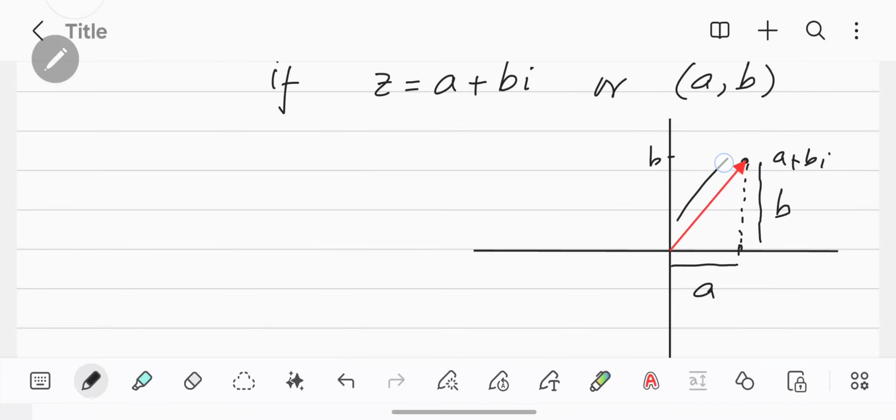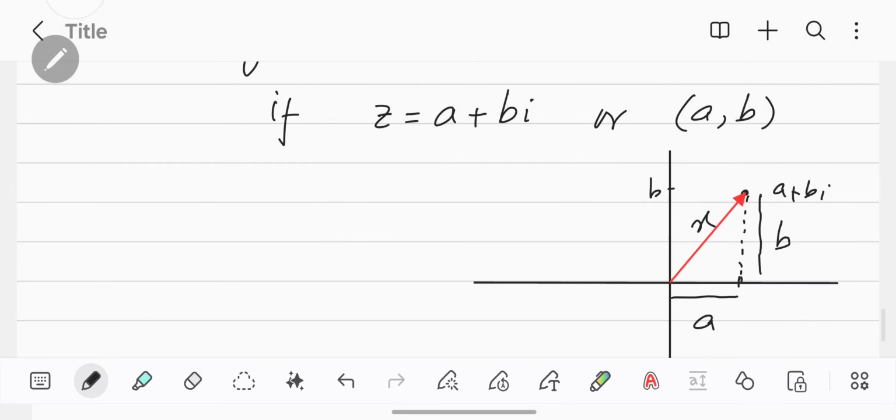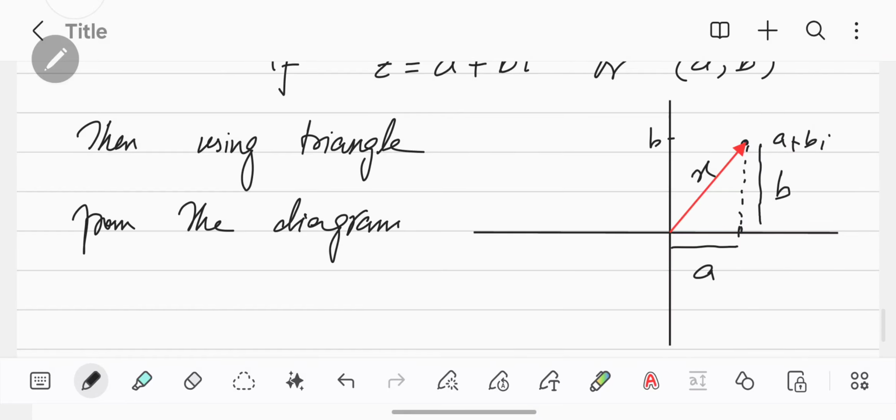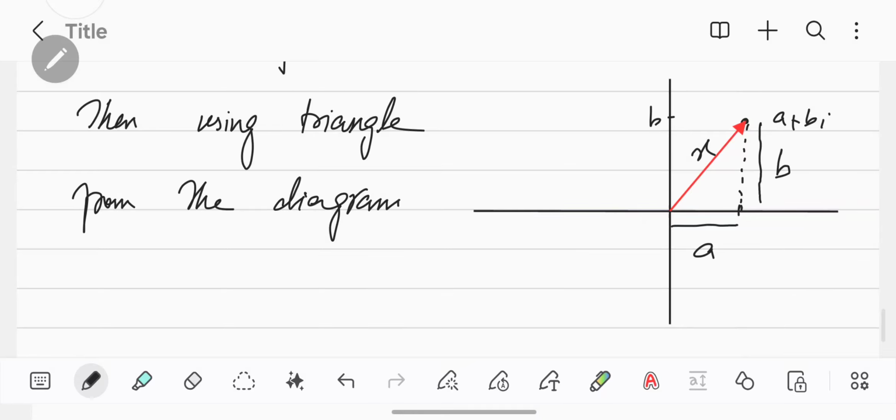I have to find this distance. Suppose this distance is x. In this triangle, I can easily use the Pythagoras theorem. Pythagoras theorem says the square of this length, which I don't know, I call it x, is equal to the square of this plus the square of this. x square equals a square plus b square.